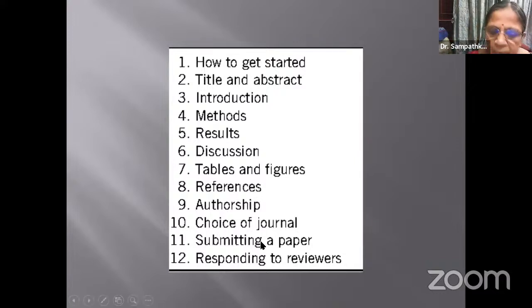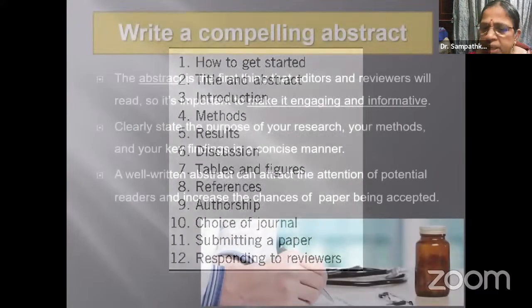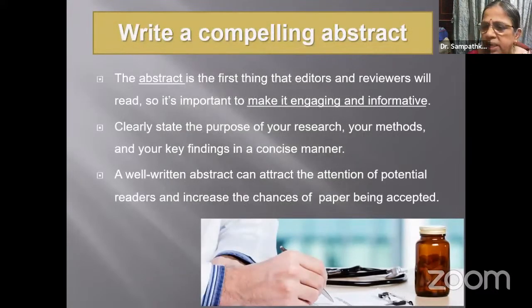Then there are authorship, the choice of the journal, submitting a paper, and responding to the reviewers. Suppose you submit the paper and the reviewer gives some corrections; you have to make the corrections. Then it will be easier, the reviewer will also be given importance, and your paper will get modified. The abstract is the first thing the editors see.